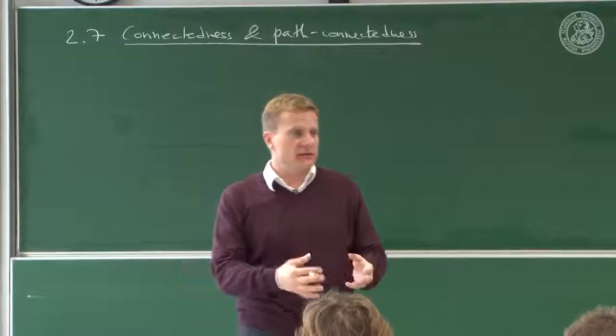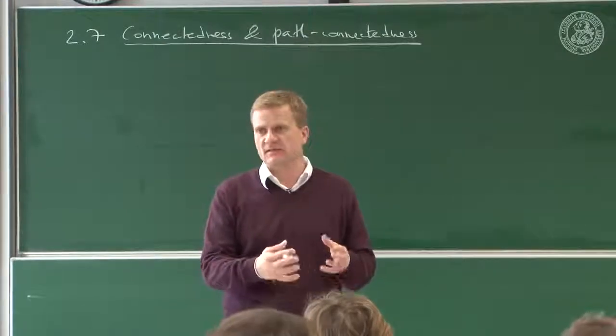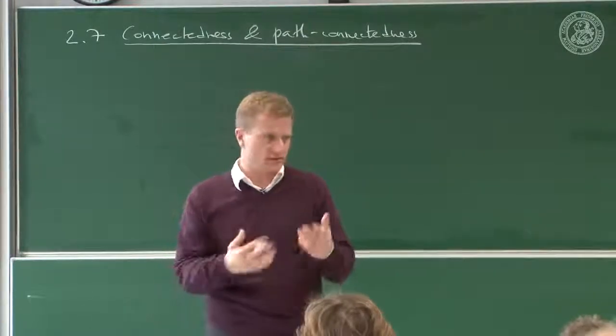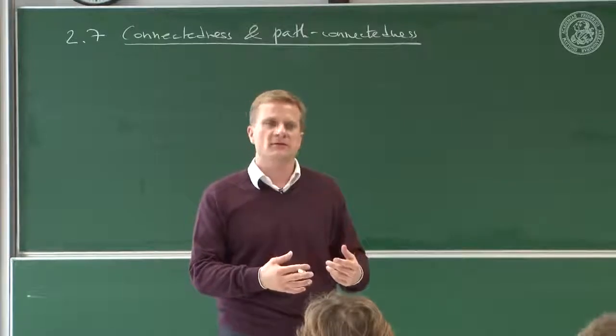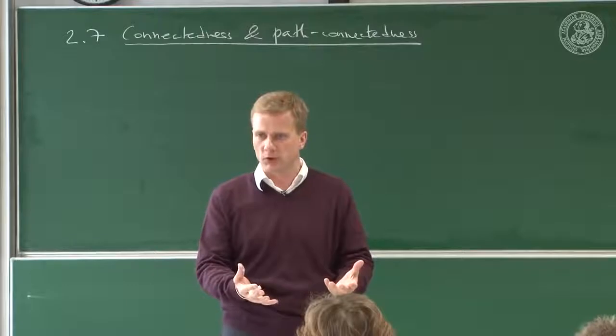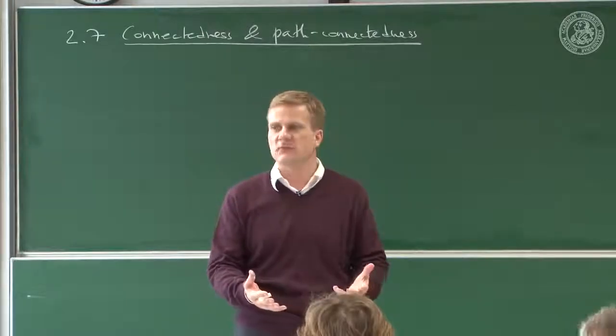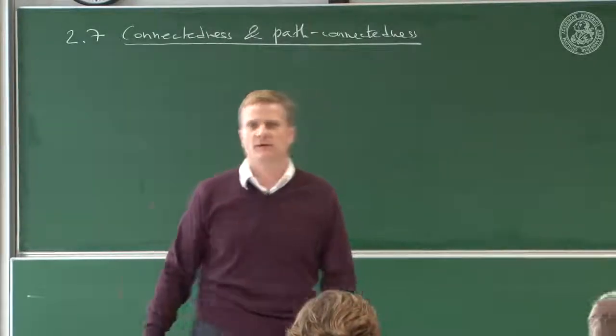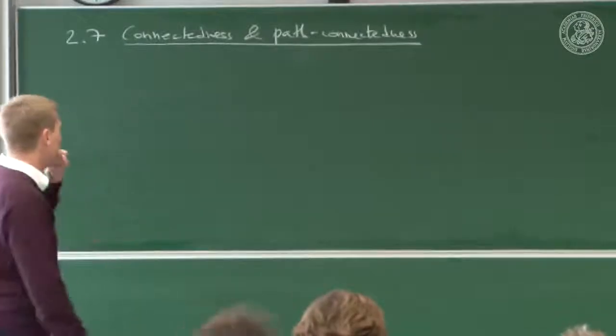And if a topological space consists of several pieces, in a certain sense to be defined, then you can study the individual pieces. So you decompose your whole space into building blocks, and you understand the space from the building blocks. It's a basic principle that you try to understand things from the building blocks.